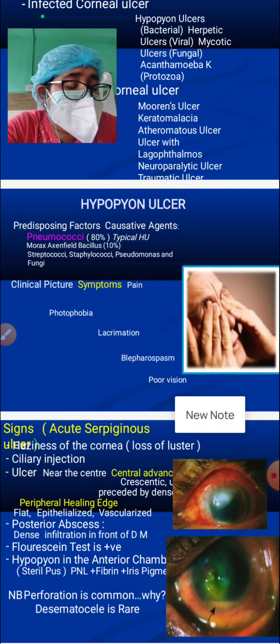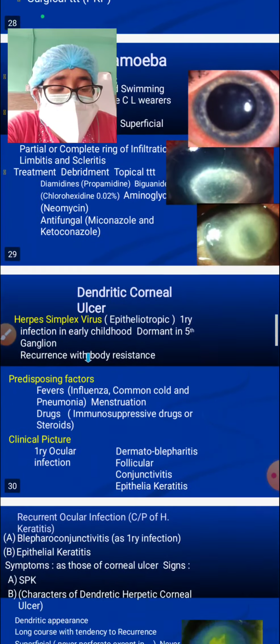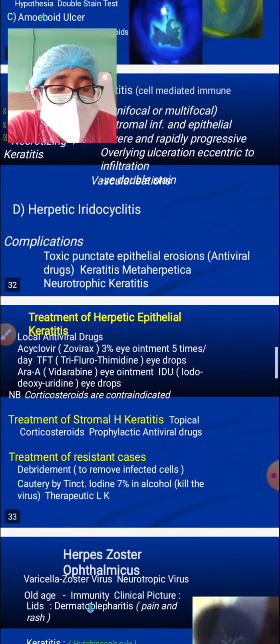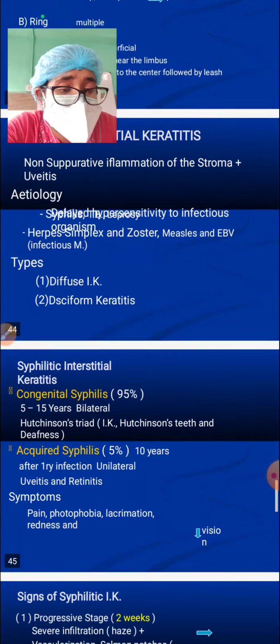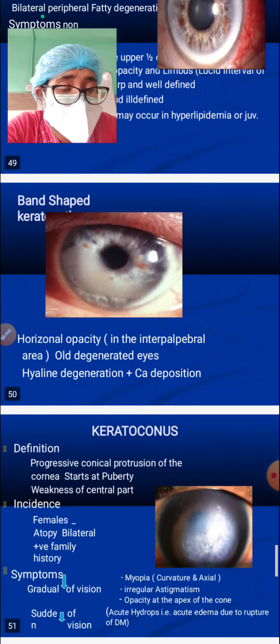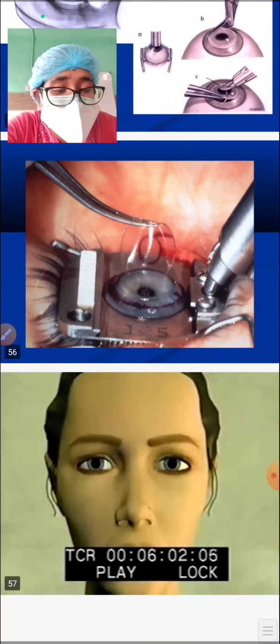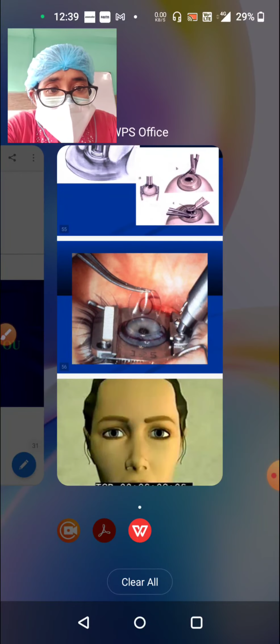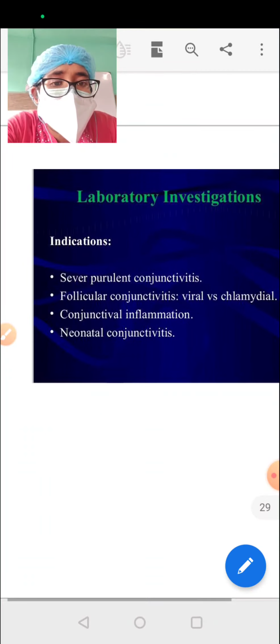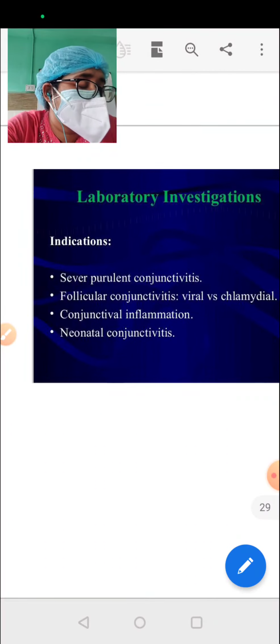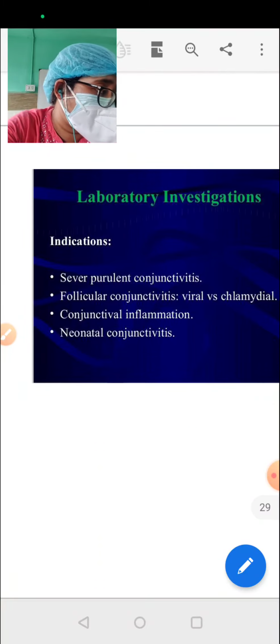In those, you need to give steroids and also mast cell stabilizers such as sodium cromoglycate. Along with that, you need to give some antibiotics and tear substitutes.